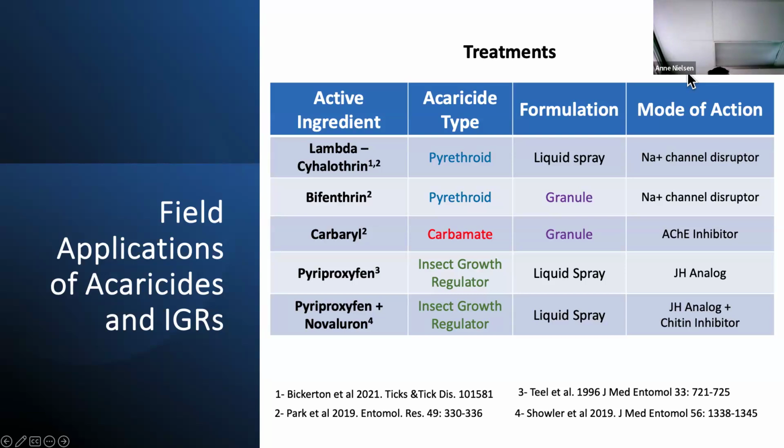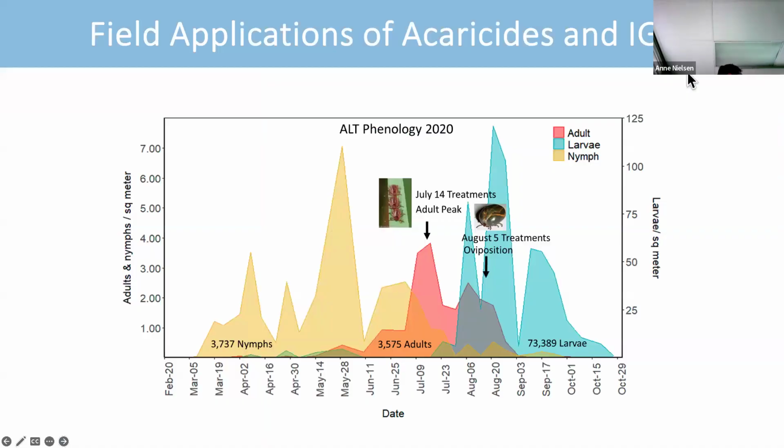So lambda-cyhalothrin and bifenthrin are both pyrethroids, but the formulation is different. Lambda-cyhalothrin we give as a spray, bifenthrin as granules. Carbaryl we use as granules, it's a carbamate, and then the insect growth regulators. We did something similar. This is when we did the treatments in July and in August, the adult peak and the oviposition.